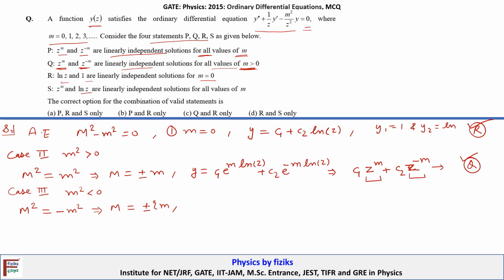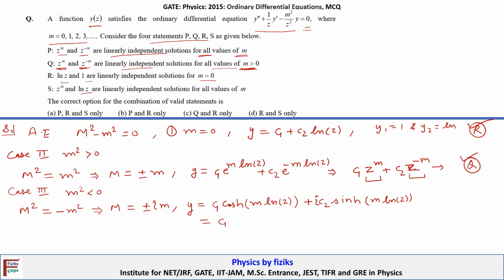Here the roots are complex, so the solution can be written as y is equal to c1 into cos hyperbolic mx, but x is replaced by ln of z, and similarly the second term is written as iota times c2 into sine hyperbolic m into ln of z.